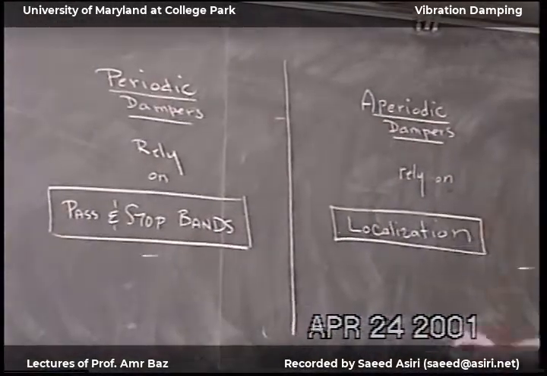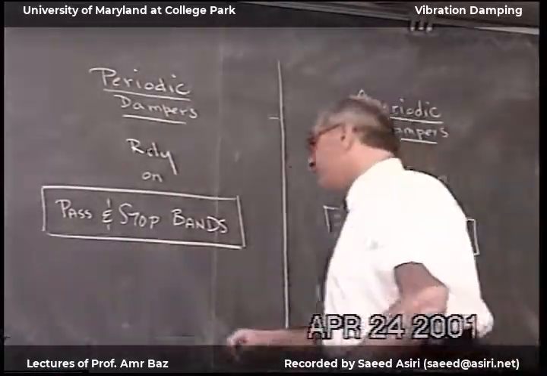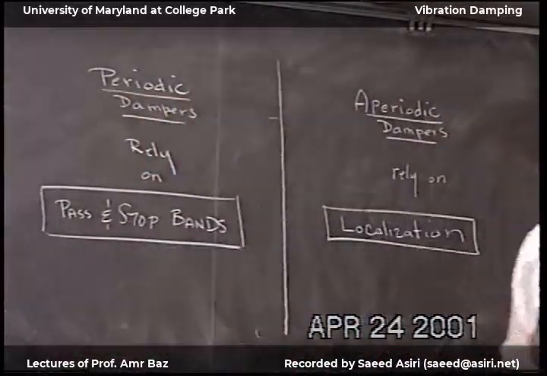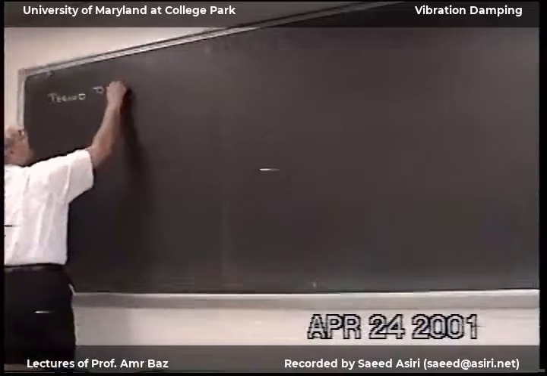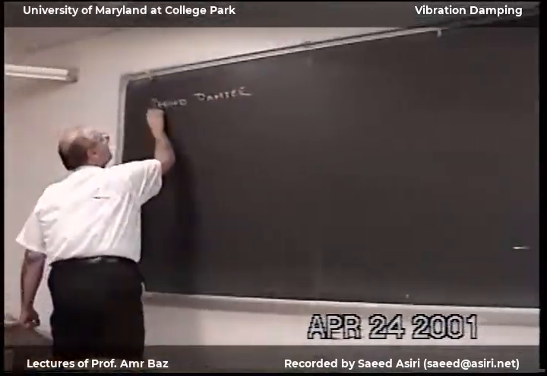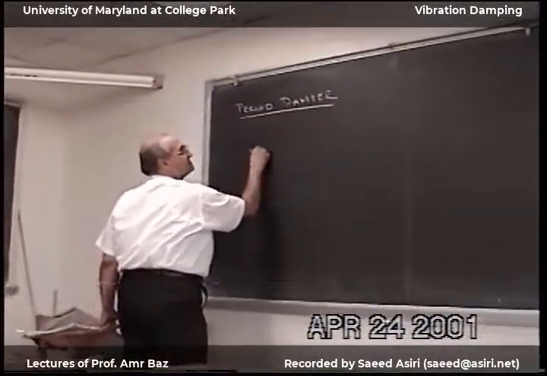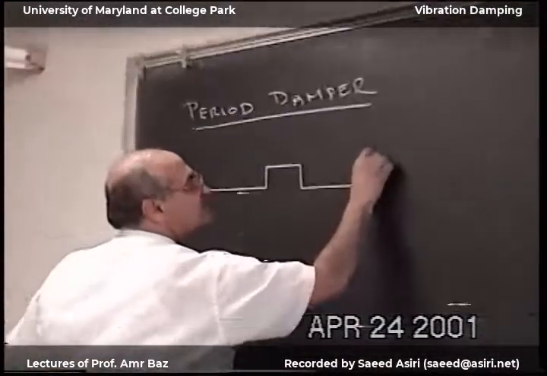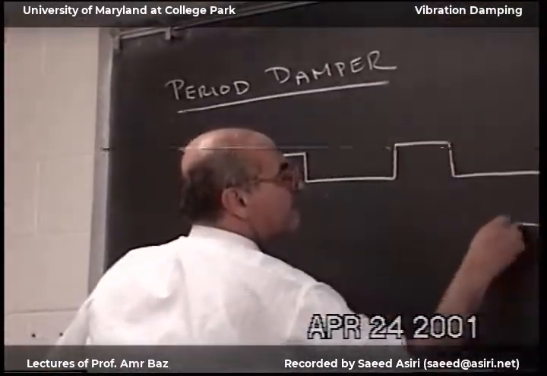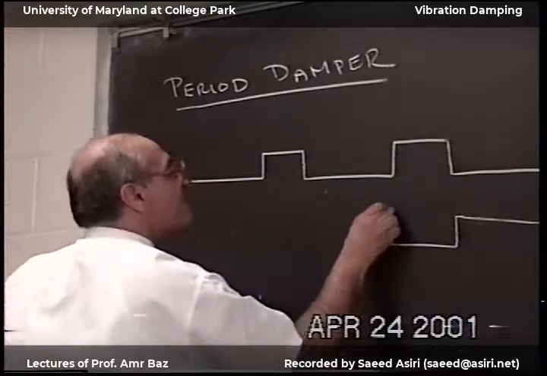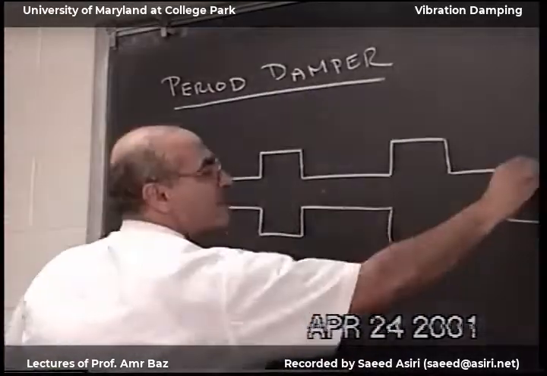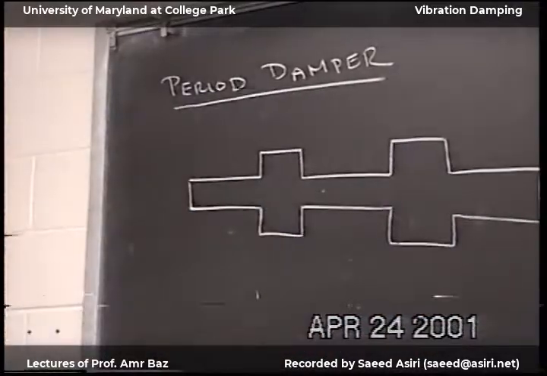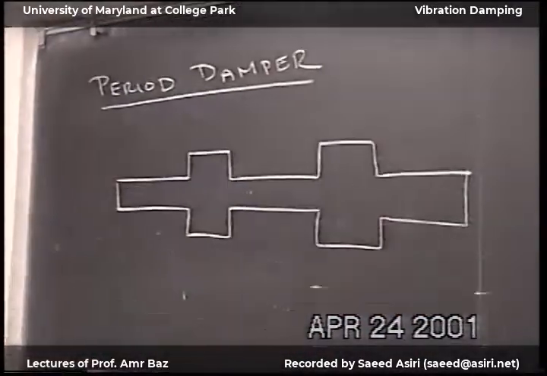Okay, this looks abstract so far, but for example, I can have a periodic structure of a damper that looks like this. This is all the same material, for example.